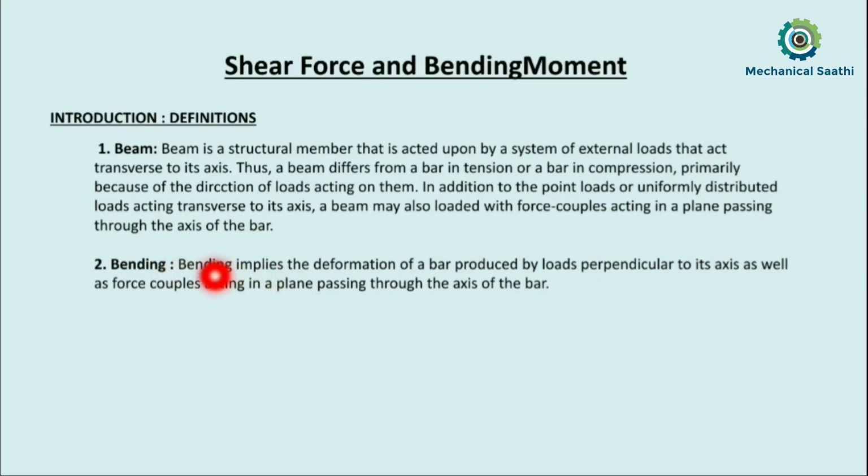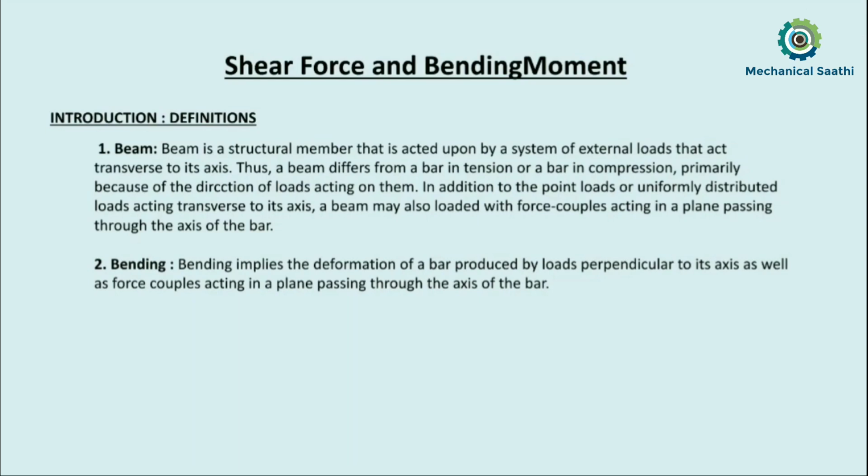Bending implies the deformation of a bar produced by loads perpendicular to the axis as well as force couples acting in a plane passing through the axis of the bar. So whatever loads, forces or couples are applied, and the deformation caused in the beam due to them, is known as bending.